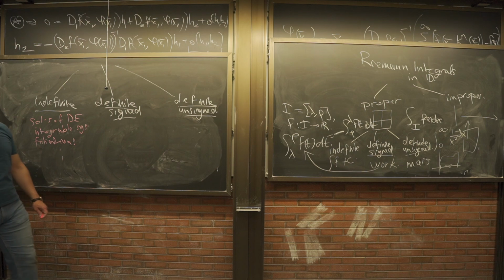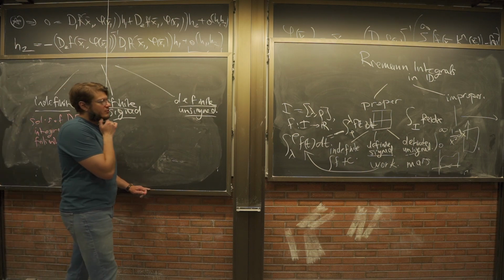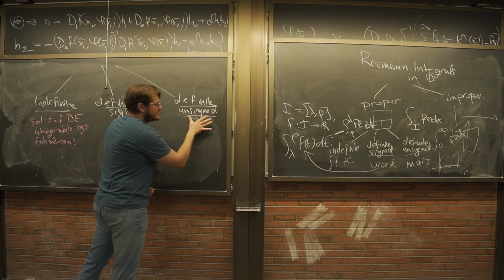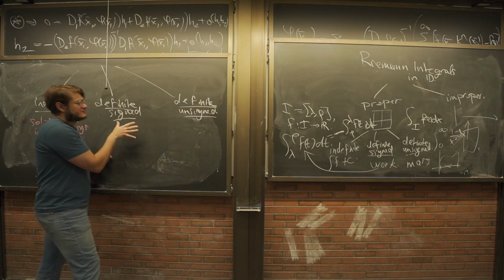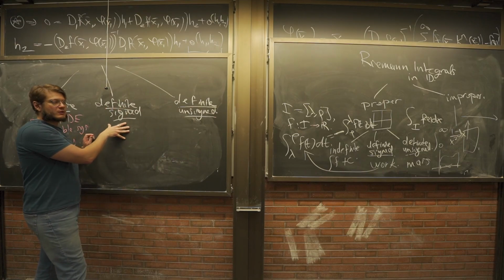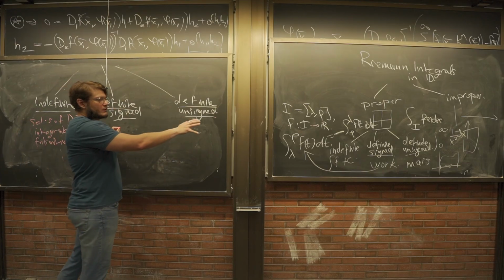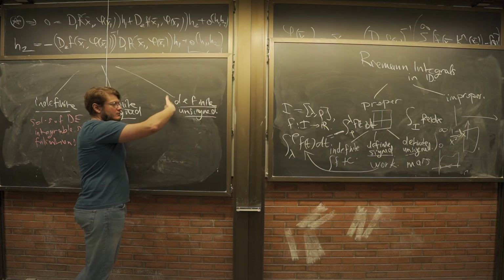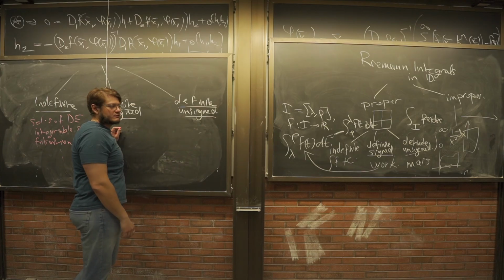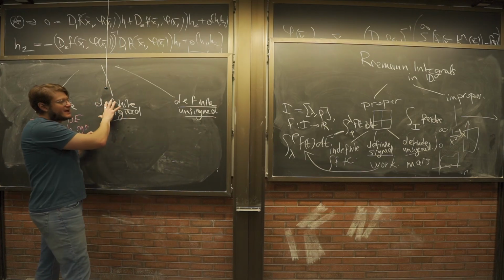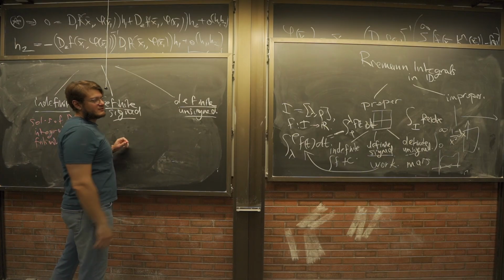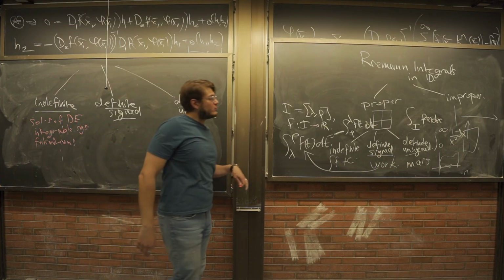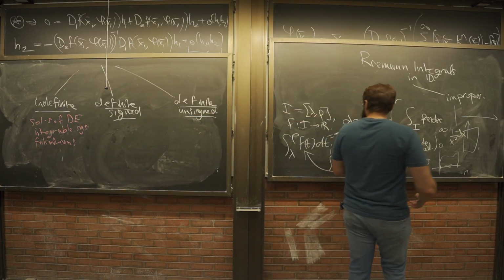What you spent a lot of time on in 3210 was developing this, and ultimately this as well. When you develop the theory, this is the thing that you develop first, and then you define signed integrals based on unsigned integrals, because now all you need to do is keep track of what is called orientation.